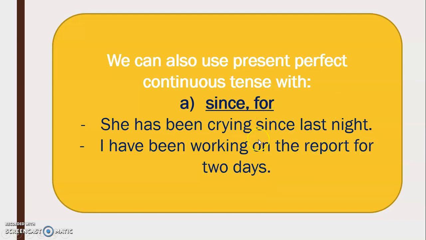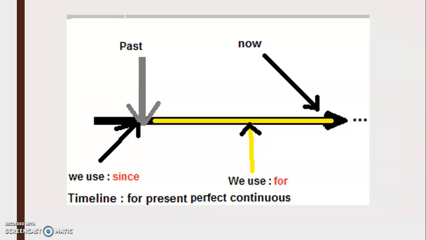In comparison to the other sentence, the word since here indicates that last night is when the event started, when she started crying. So that's the difference between since and for, and always remember since is followed by a simple past tense.